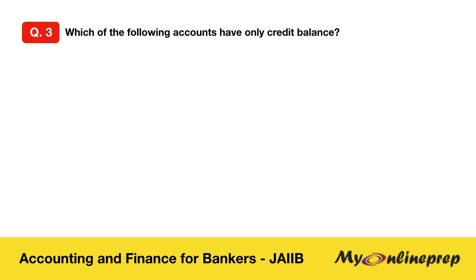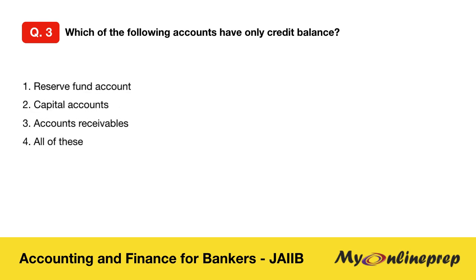Question number 3. Which of the following accounts have only credit balance? And your options are reserve fund account, capital accounts, account receivable, or all of these. So the answer is reserve fund account.